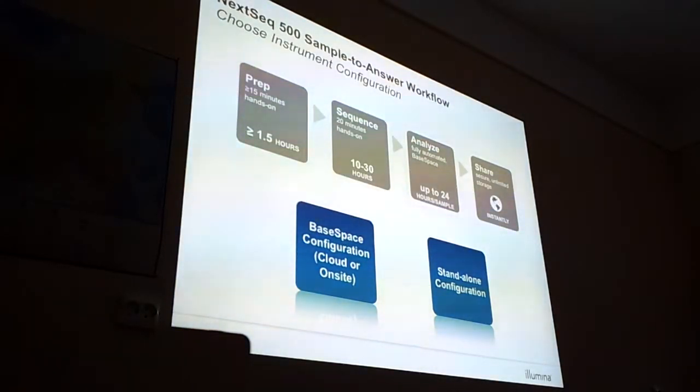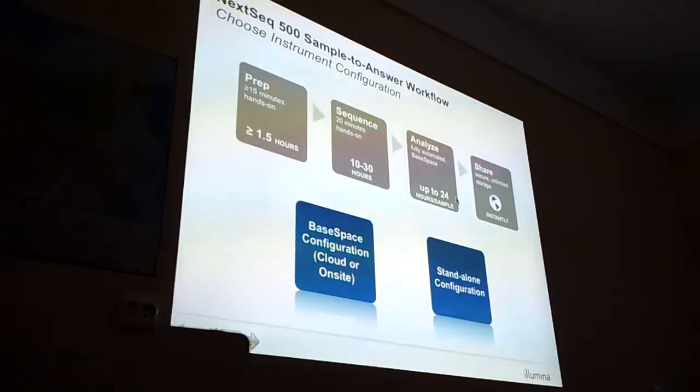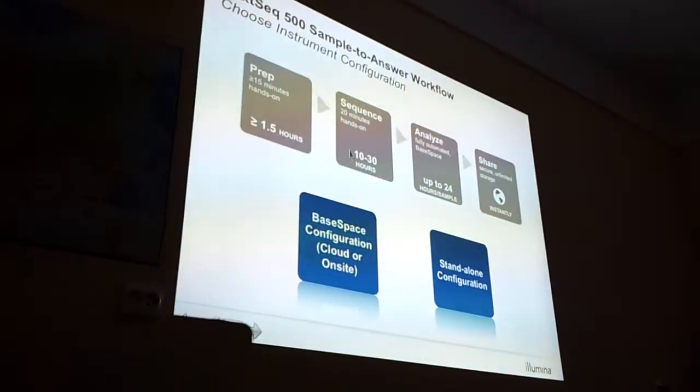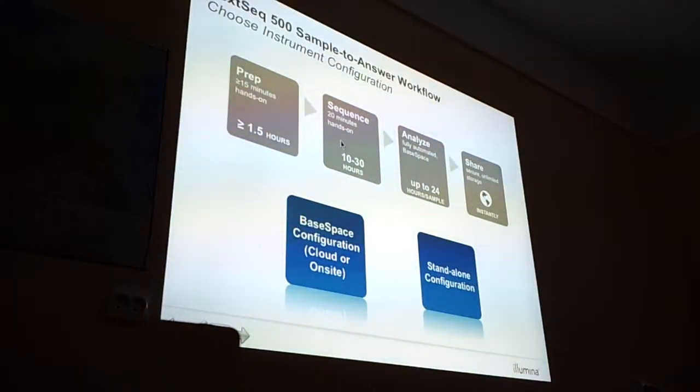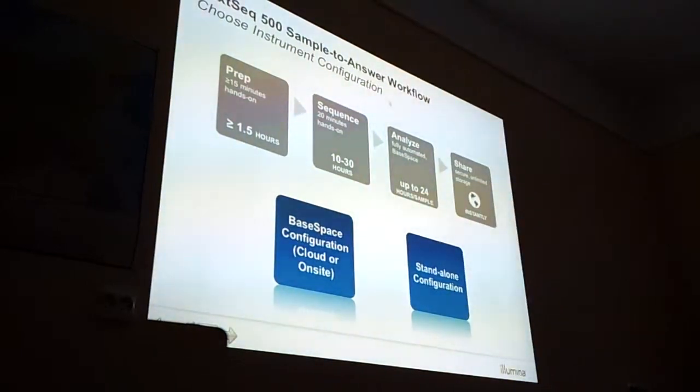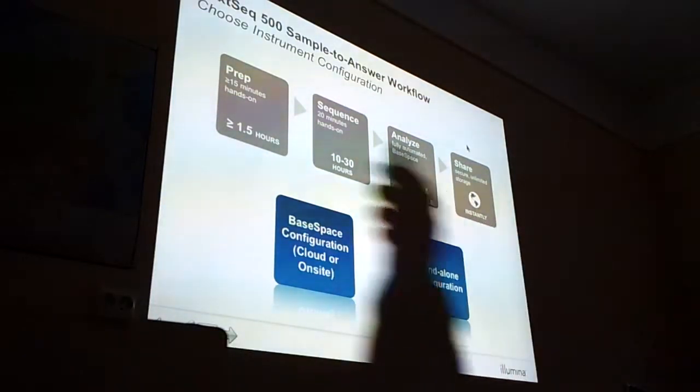First, the preparation of library and to start the experiment, and then sequencing, and then these two steps are happening on BaseSpace. Analyze and share. Of course, if it's BaseSpace on-site, it's only analyze. Share to share with collaborators.